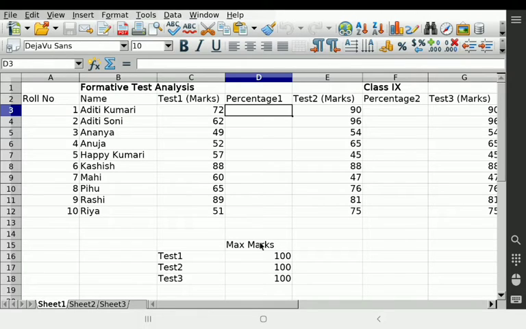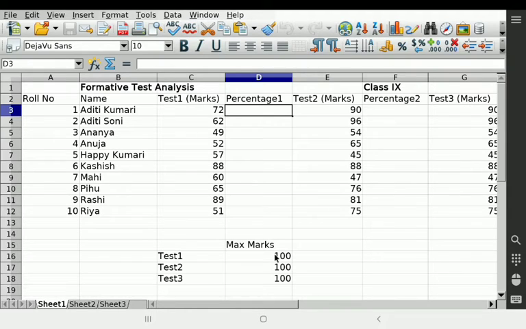As you get your marks in your copy, suppose you have got 72, then it is written 72 out of 100. For calculating its percentage, again you have to multiply by 100. Means in the numerator 72 and 100 you have to write, and in the denominator maximum marks, which is also 100.